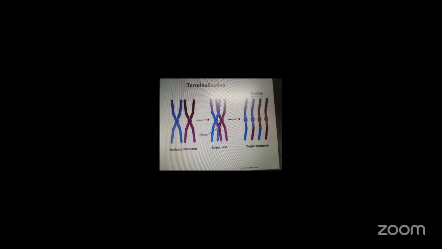Now the difference between linkage and crossing over. Linkage keeps the genes together, but crossing over leads to separation of linked genes. Crossing over involves exchange of segments between the non-sister chromatids of homologous chromosomes.